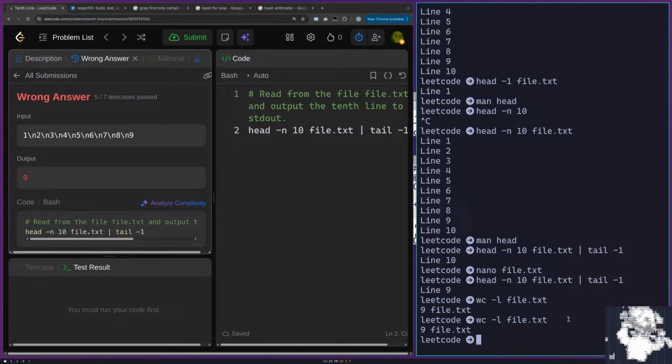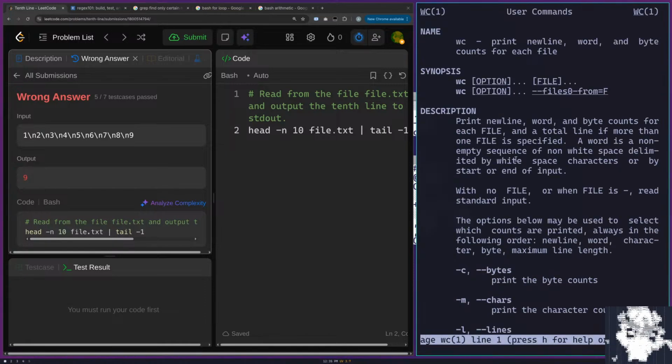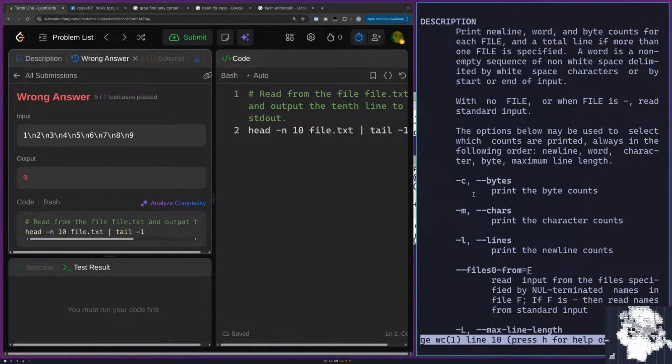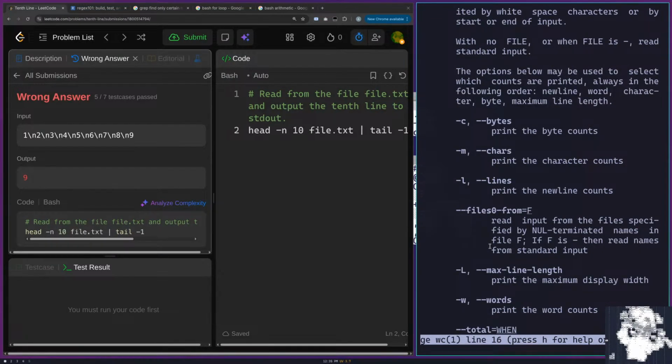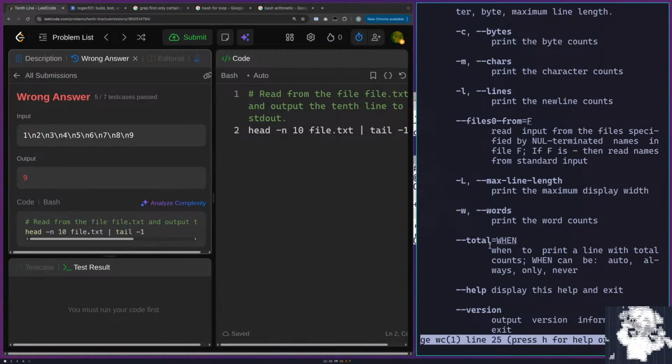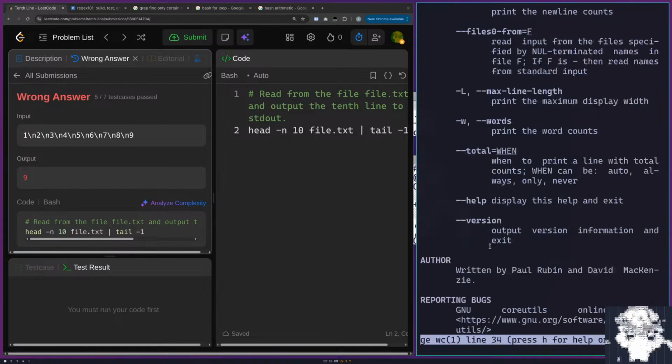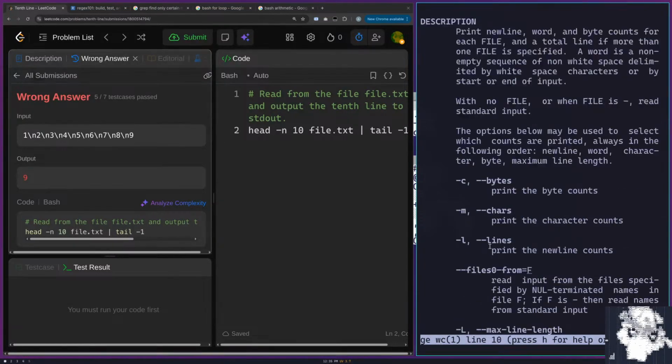But then it's also outputting the name of the file after. How do I get it to not print the file name?